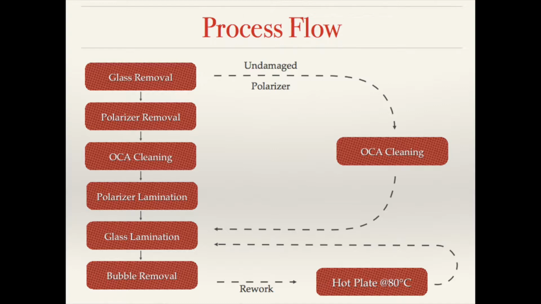This shows a considerable benefit in terms of reduced cycle time and consumable costs and will be investigated later in this video. Additionally, it was found that another deviation had to be made from the main process flow as the bubble removal process showed very low initial yield rates without rework. Summary of this will follow in this video, yet a more in-depth analysis can be found in the written report.